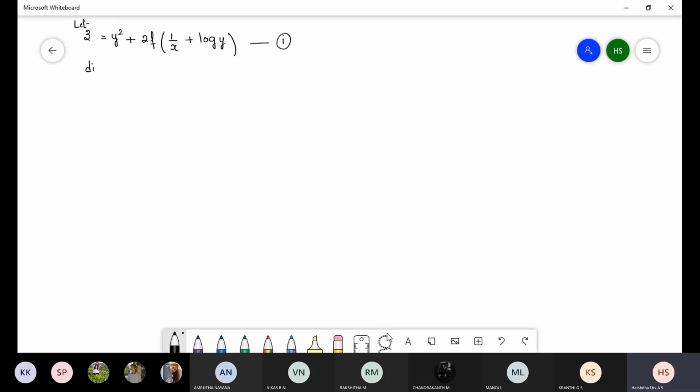Now, differentiating equation 1 partially with respect to x.